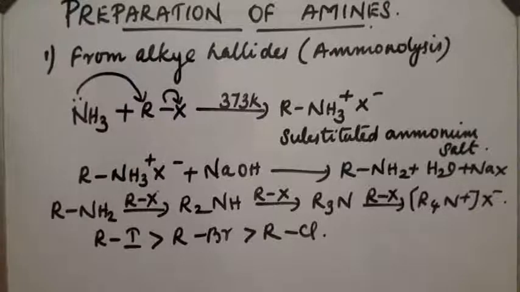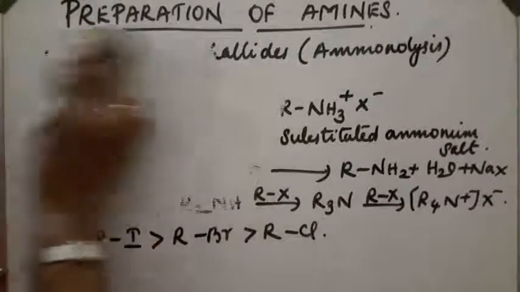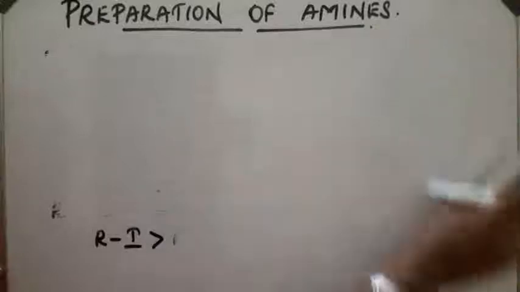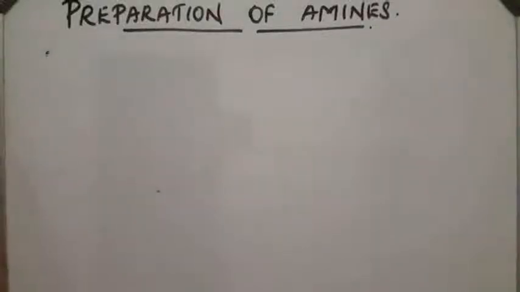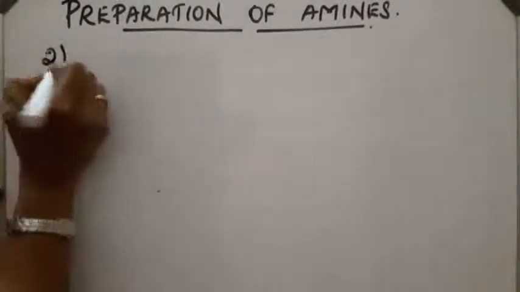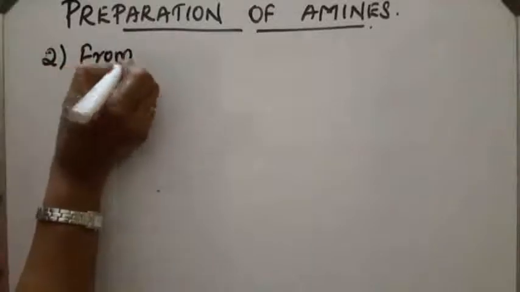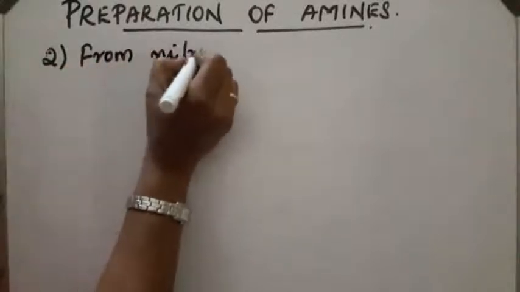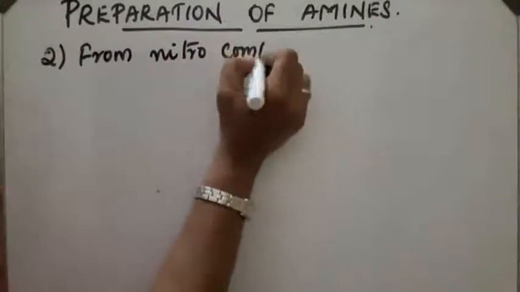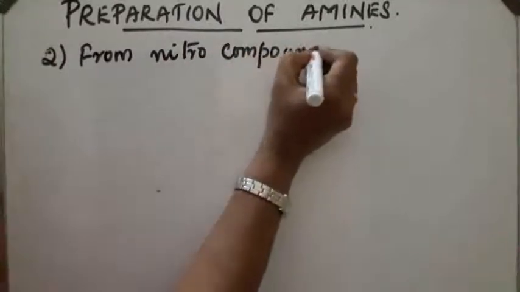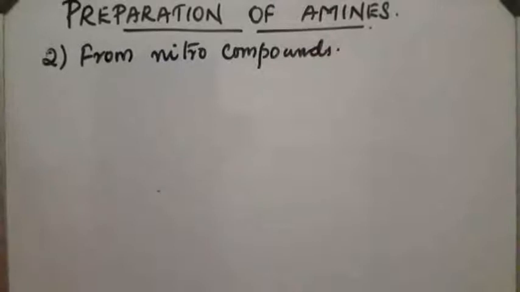Next, the second one is from nitro compounds. How can we obtain amines from nitro compounds? Here the reduction of nitro compounds takes place.